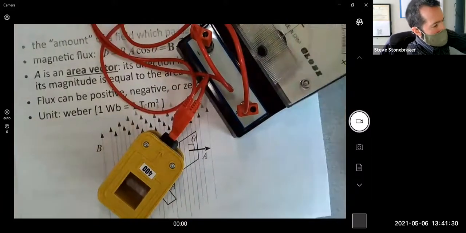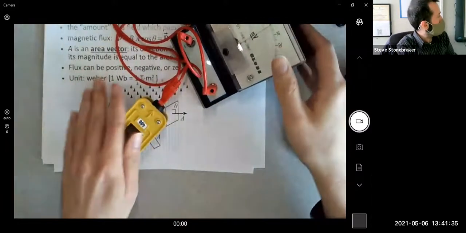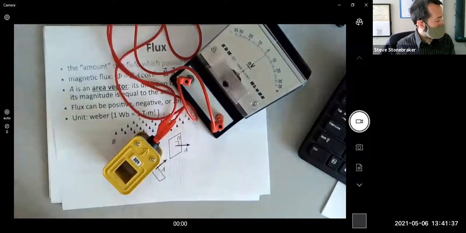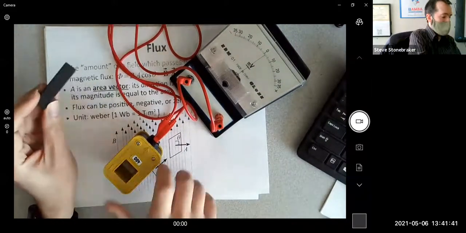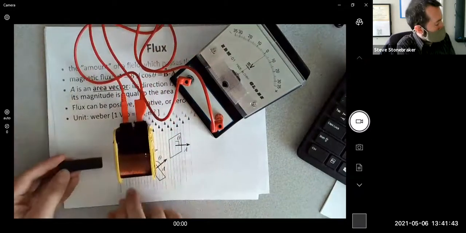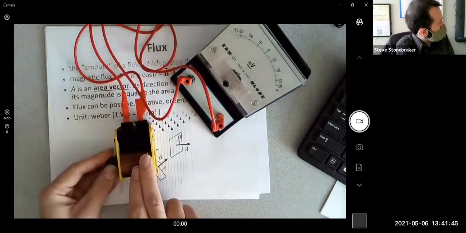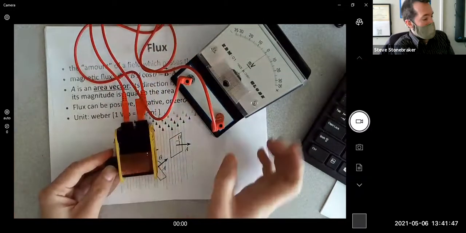I'm going to raise the camera up a little bit so you can see more stuff. But if I take this bar magnet and I shove the magnet into the coil, you can see that the needle on the meter jumped.